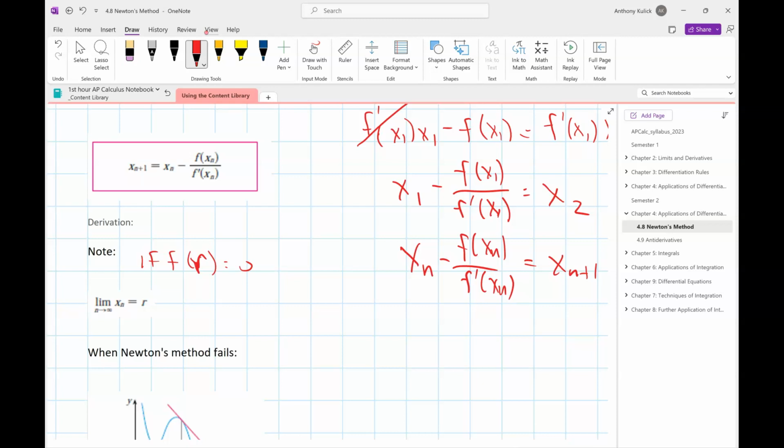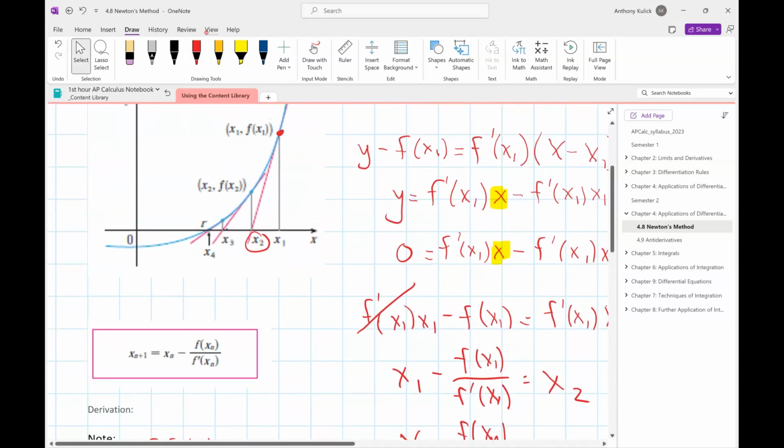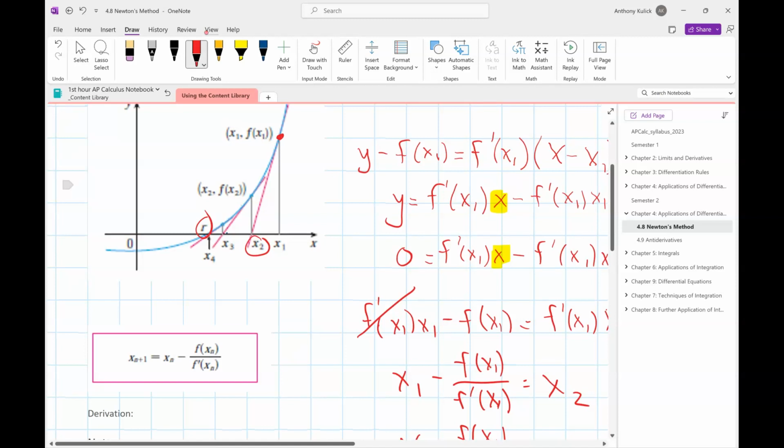The actual solution. Everybody's okay with that? Yeah, so if the actual x-intercept here is r, the more times I do Newton's method, the closer and closer I should be getting to r. If I do that infinitely many times, I should actually get to r, right? Very normal calculus idea, right? How do I get there? Well, I just have to do this thing infinitely many times, get infinitely close to it. Sure.